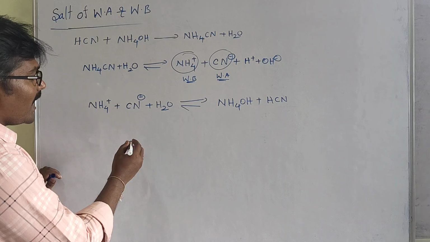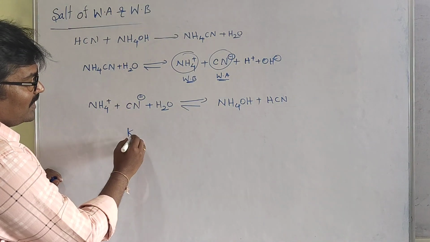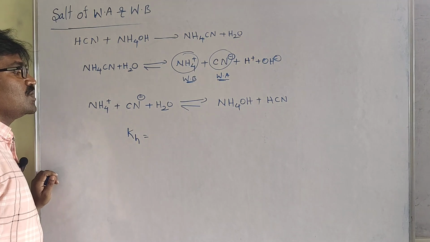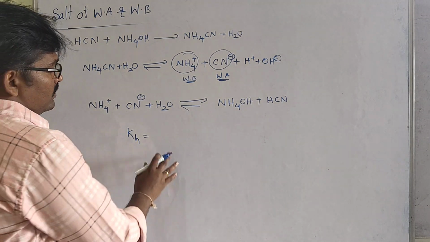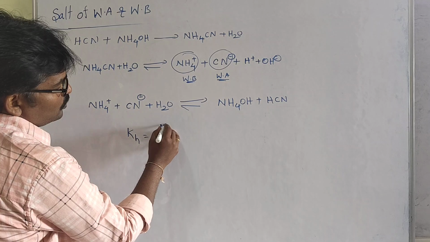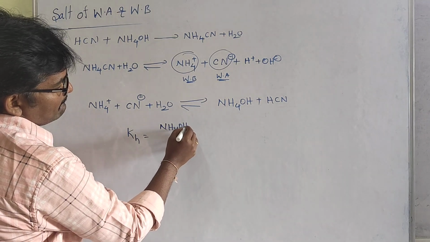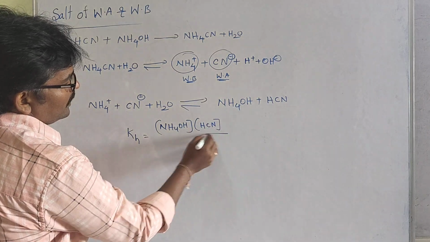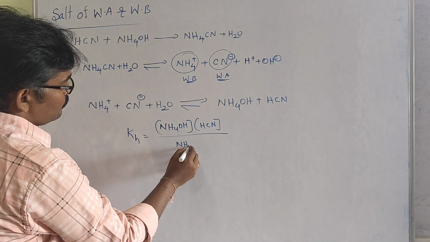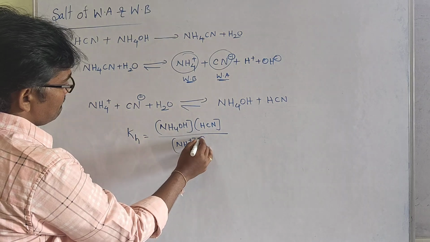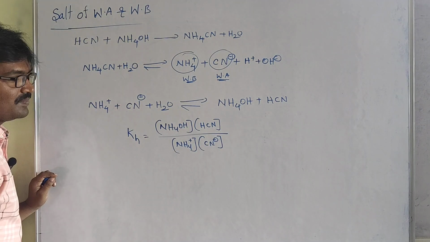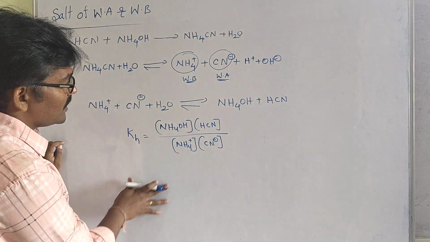If you write KH for this, KH is equal to NH4OH into HCN divided by NH4 plus into CN minus. So this is KH.